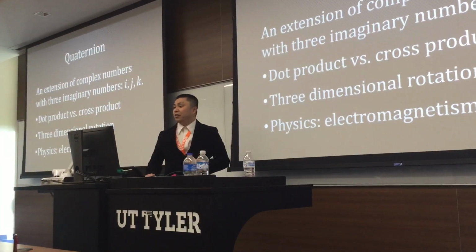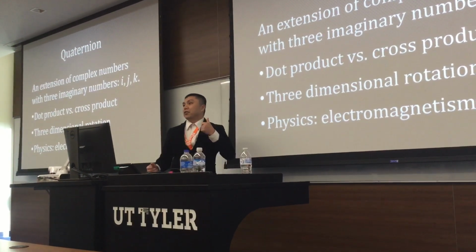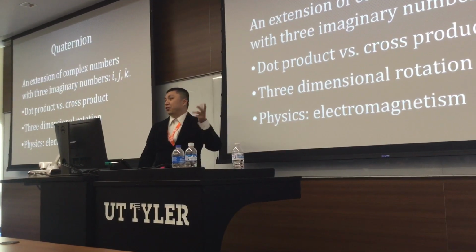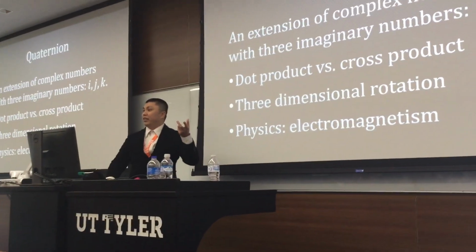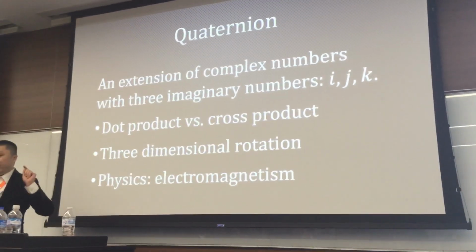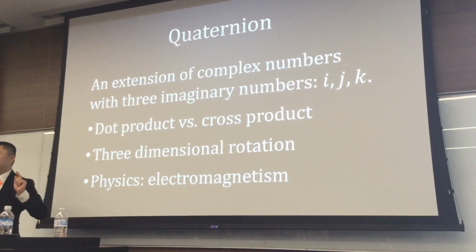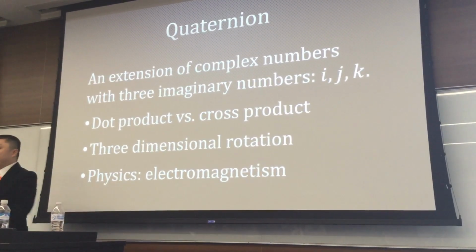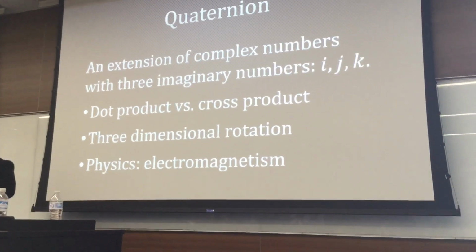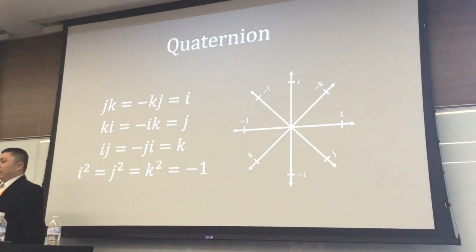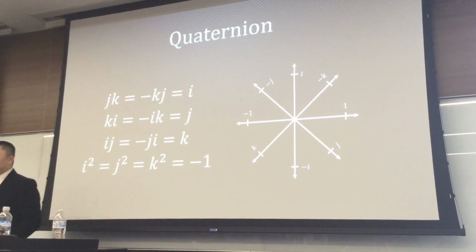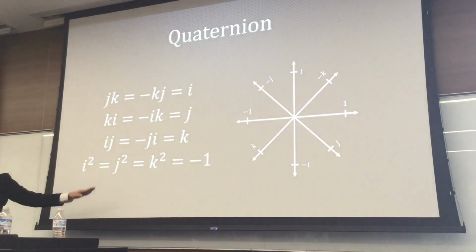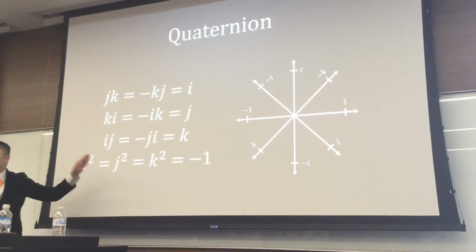We are familiar with quaternions from the contrast between dot product and cross product, or 3-dimensional rotation modeling, like in computer science. And I've also learned this in electromagnetism in physics. There are many more applications, but I don't have space for them. Here are some important identities for quaternions. These are not so obvious, but I will explain them later.